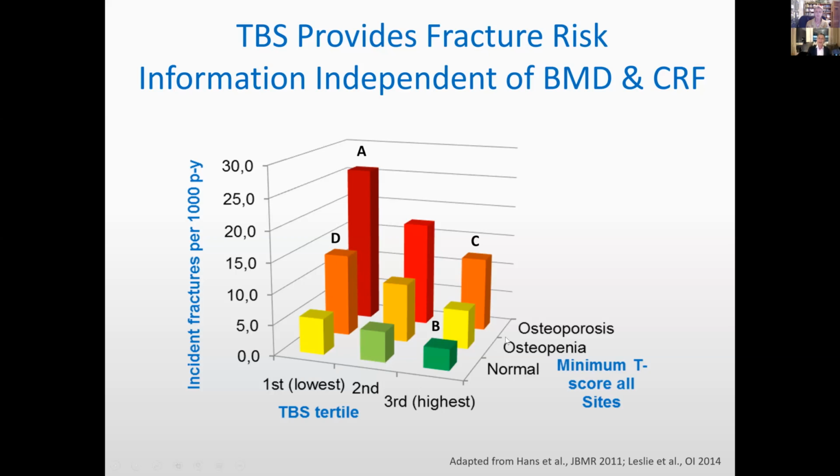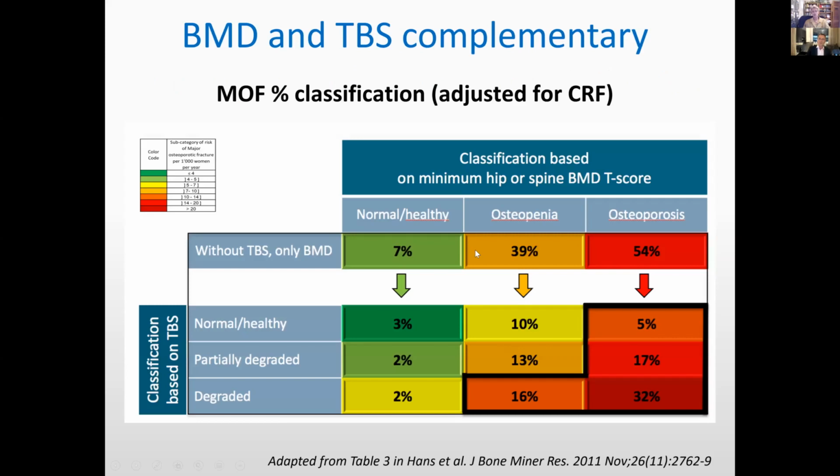But if you have a patient who is osteoporotic, so low density, but the structure is good, the risk will be similar to someone with slightly better density, osteopenia, but degraded structure, which is D. So this allows you to have more of a gradient of risk among osteopenia and osteoporotic fracture patients.